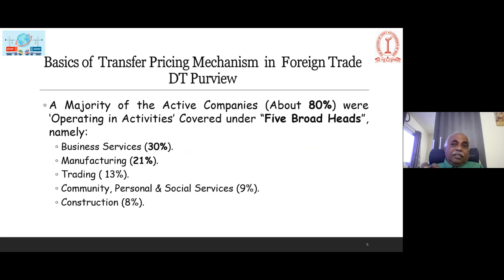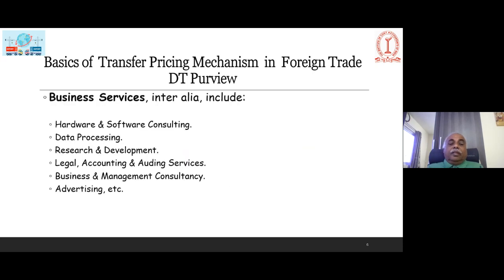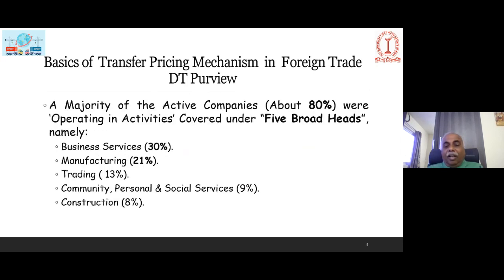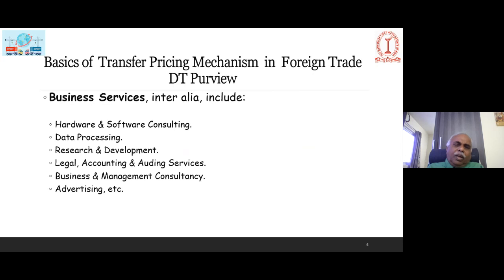Because here, this segmentation I also have to know. Then only I can avail the opportunities, particularly business services. If you see the business services, 30% are there. Out of business services, what type of service companies are there?